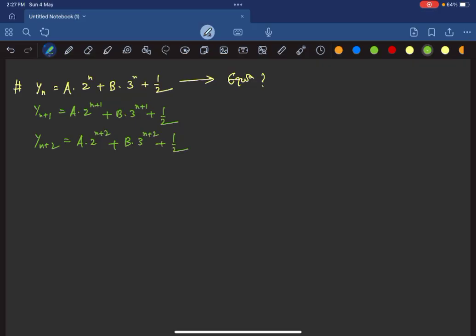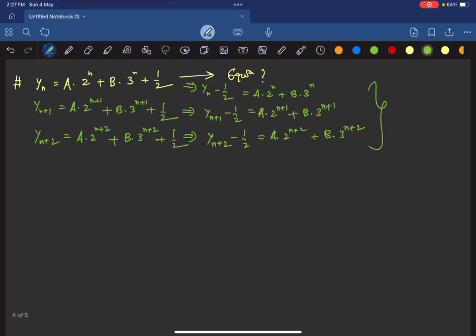Now see, the first equation can be expressed as yn minus half equals a into 2 power n plus b into 3 power n. Likewise we can write yn plus 1 minus half equals a 2 power n plus 1 plus b 3 power n plus 1, and yn plus 2 minus half equals a into 2 power n plus 2 plus b into 3 power n plus 2.